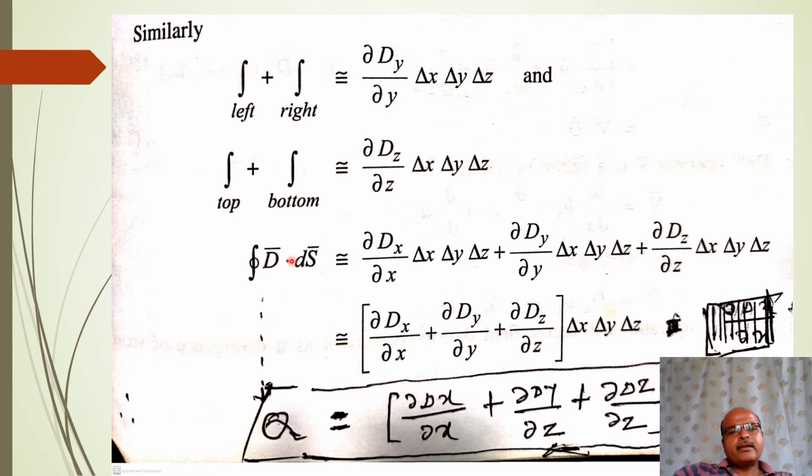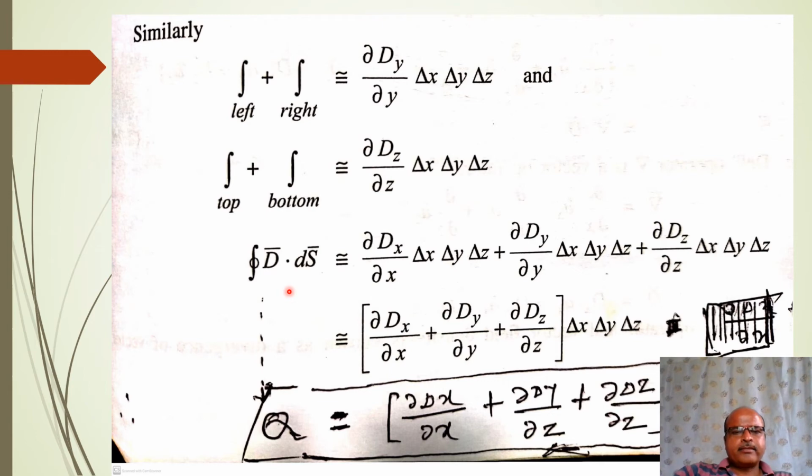Then lastly, as previously mentioned, from Gauss law, charge Q is equal to closed integral D bar dot dS bar, which is the addition of all the integrals.